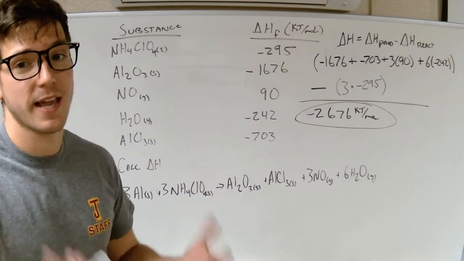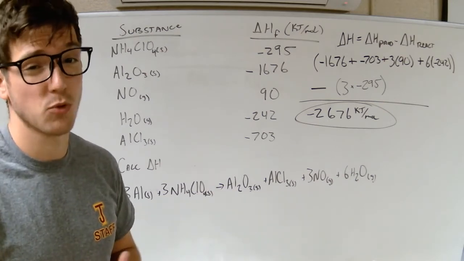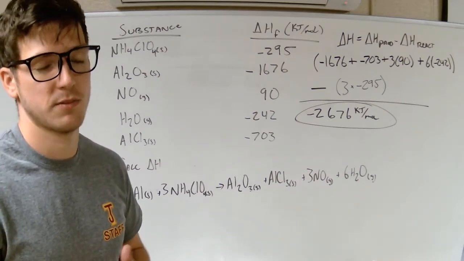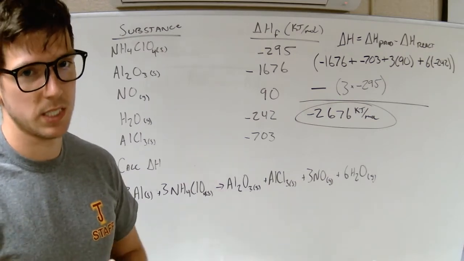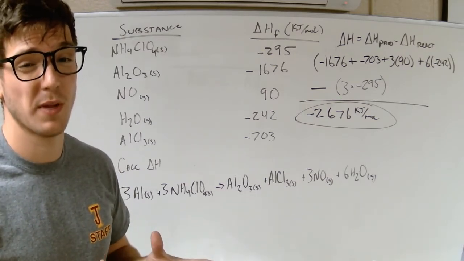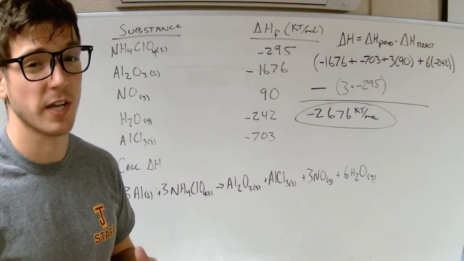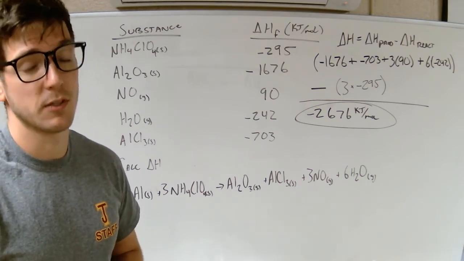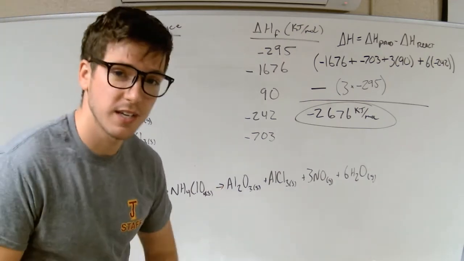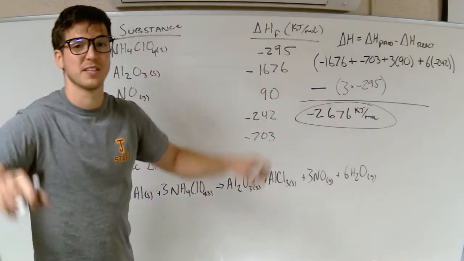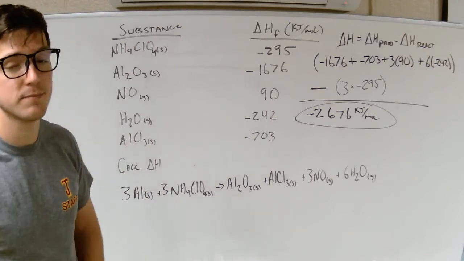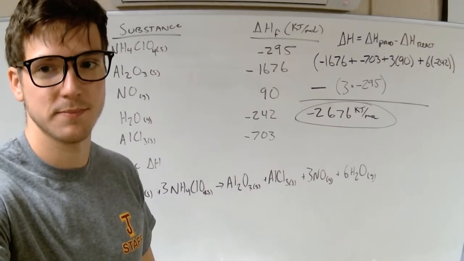You would say exothermic because it's negative. Does it absorb heat from the surroundings or release heat? Release heat. If I put this in a beaker and this reaction happened, would the beaker get hotter or colder? The beaker would get hotter, right? Those bonds are going to release heat and make the beaker hotter. Okay, so let's do another example here.